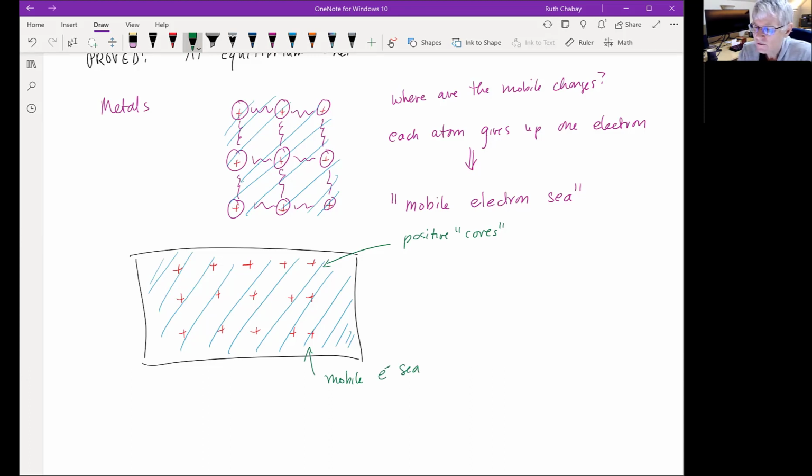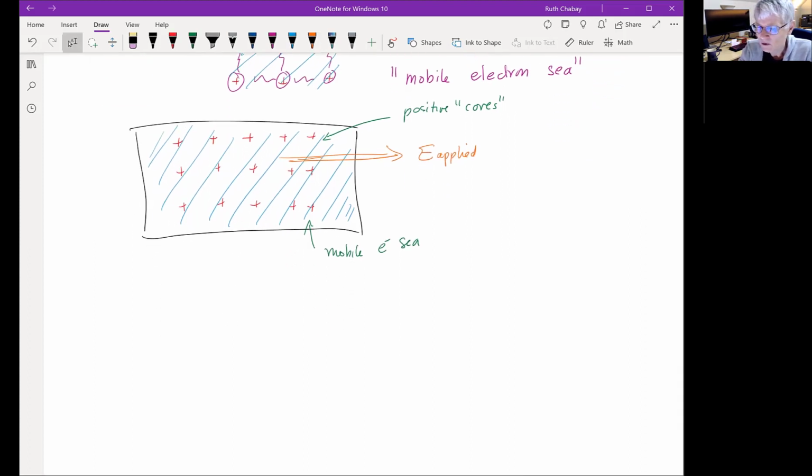So what happens here if we apply an electric field? Well, let's say we apply an electric field that points that way. How does this metal polarize? What's going to happen here is the entire mobile electron sea can actually shift to the left a little bit.